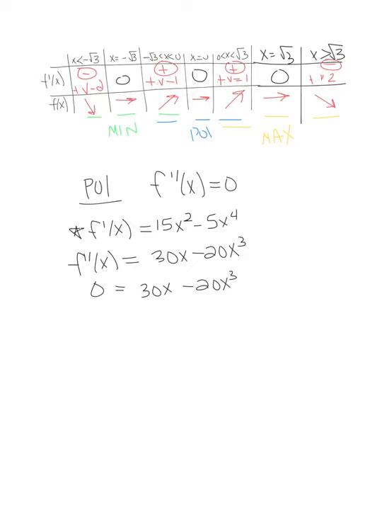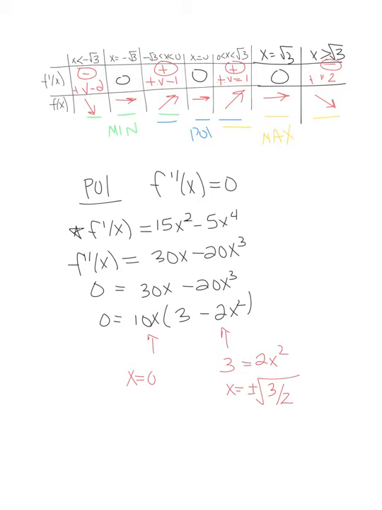Now at this point, I can factor. So I will pull out a 10x, and I'm going to be left with 3 minus 2x squared, and this means that I'm going to have an x of 0, and 3 is equal to 2x squared, which leaves me with x equal to plus or minus the square root of 3 over 2.